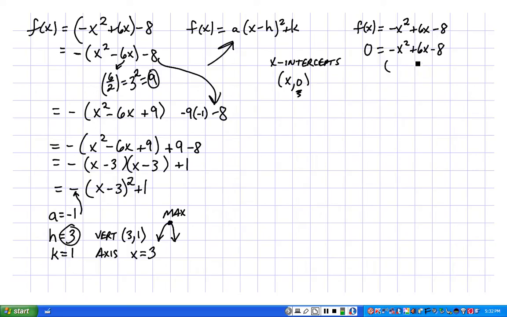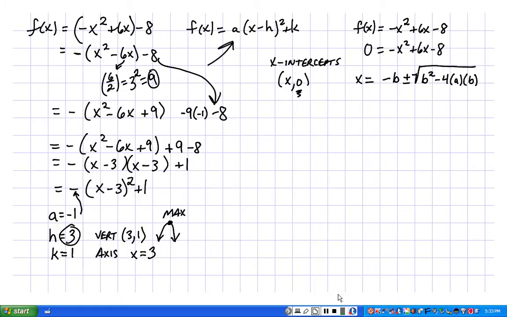We've traditionally been looking at doing reverse FOIL to get two binomials, but I'm going to show you another way called the quadratic formula, and it's x equals negative b plus or minus the square root of b squared minus 4ab, no, excuse me, 4ac.